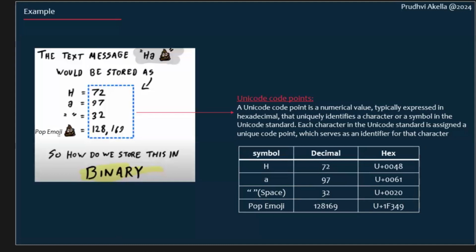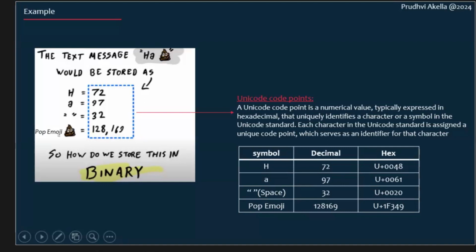Whenever you see U plus and then a hexadecimal number, that means it's a Unicode number, as simple as it is. And A, which is 97 in decimal, can be represented as U plus 0061 in hexadecimal. In the same way, the poop emoji can be represented as a hexadecimal number like this.